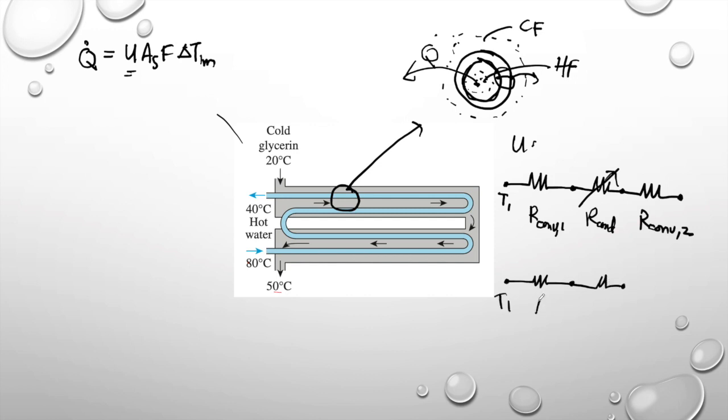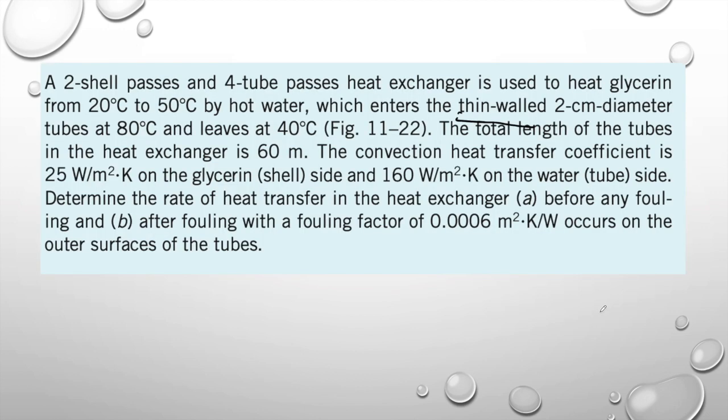So we have T1, R convection 1, and R convection 2. Let's say this T1 is from the inside of the tube, and T2 is for the shell side. So now we only have one mode of heat transfer, convection, but at two different locations, internal and external. From this question, the heat transfer coefficients are already given.